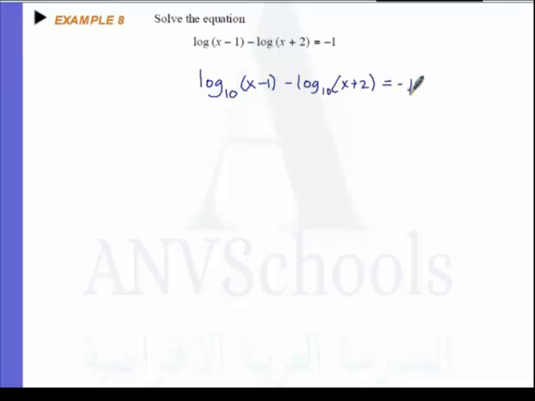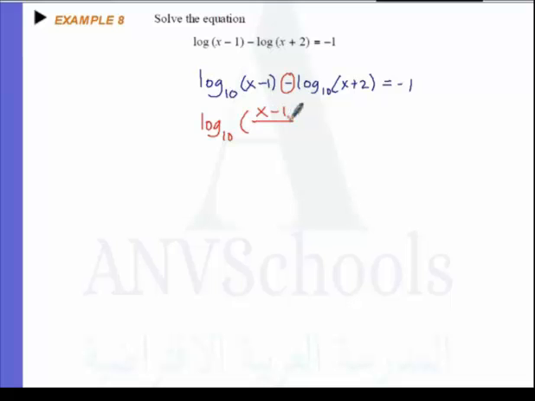You can see the operation that separates the log expressions. We would have log to the base 10 of a quotient, right?